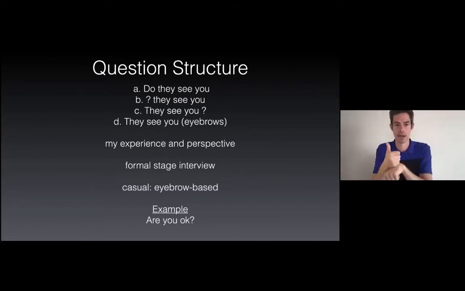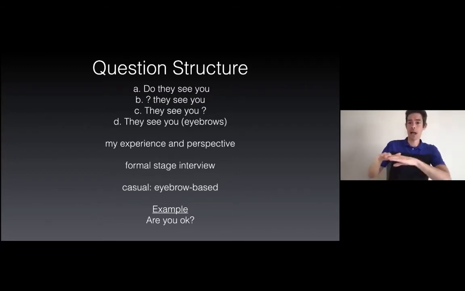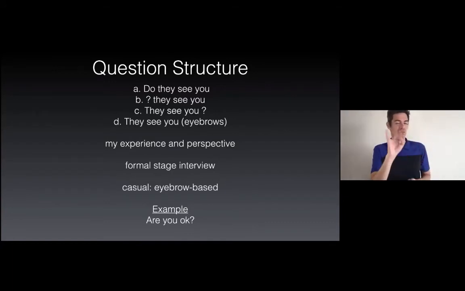So then I use hand-based questions instead of facial expressions. So formal stage, for example, maybe a pageant interview question. So if they're asking a yes or no question, if they're just using facial expressions and saying something like, is the world a good place?